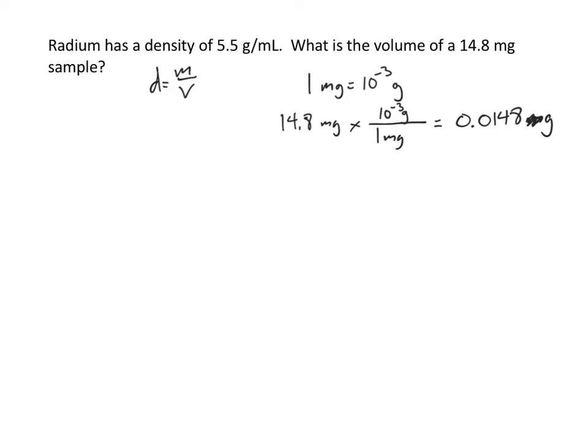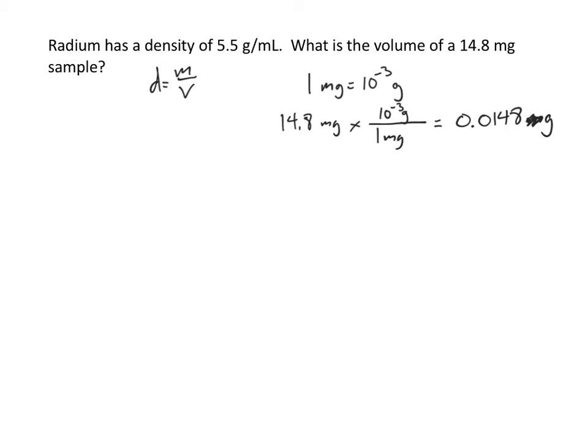And so now that I have my mass and my density in the same units, I can go ahead and use the density equation. Now, what I like to do when my equation only involves multiplication and division is I like to solve for the variable I'm looking for first before I put the numbers in.